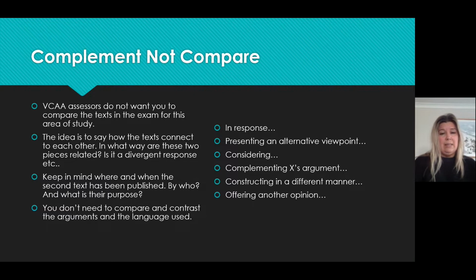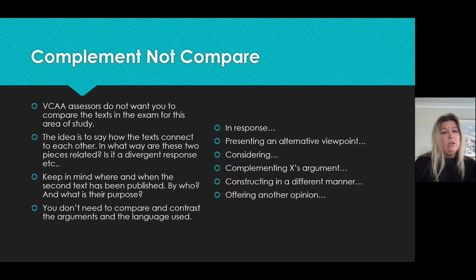Just like these pieces here, Scheller's letter is in response, talking back to the editor of the Age. That's how they're connected. I don't need to sit there and say how Scheller's arguments and Scheller's language diverge or overlap with the editorial.